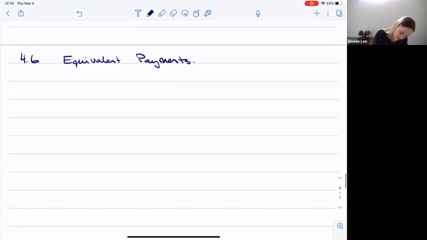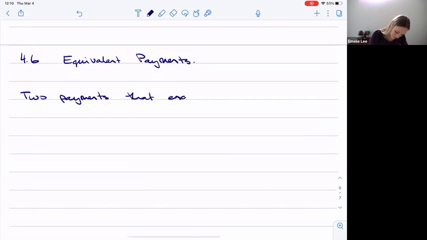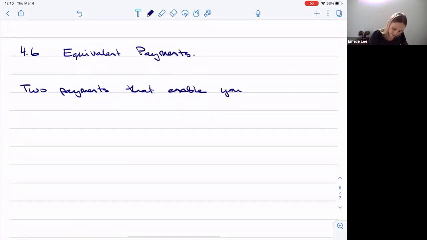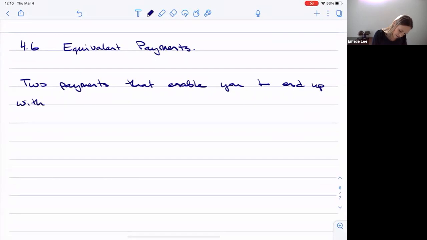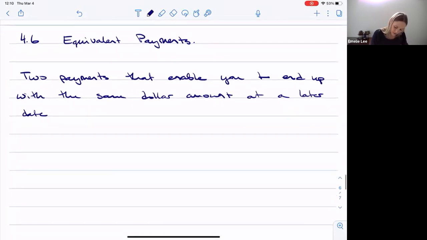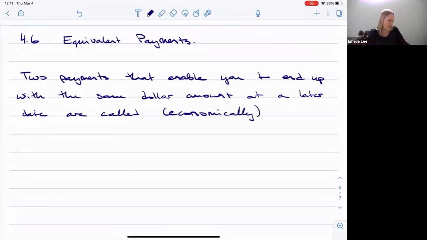Okay, so two payments, and I'm just grabbing this official definition because I think it's pretty clear, that enable you to end up with the same dollar amount at a later date are called economically, in brackets because we don't usually say economically, they're called equivalent payments.